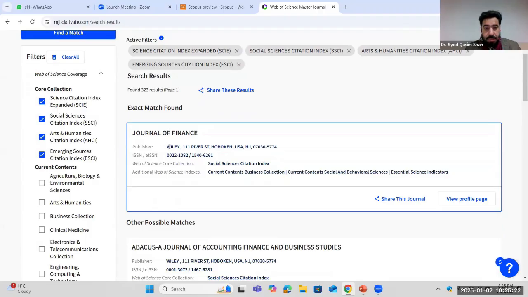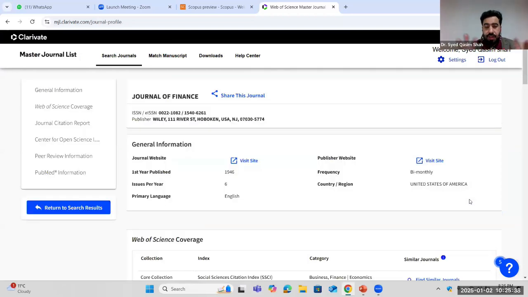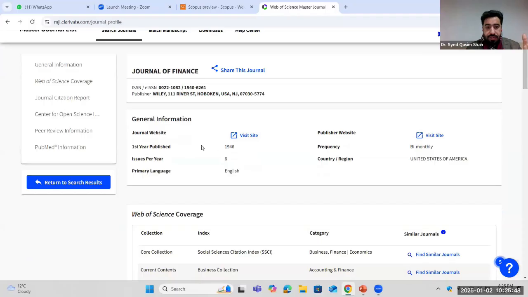Then who is the publisher? Wiley is the publisher of this. Then their ISSN number, and then additional indexes. So the whole detail of Journal of Finance is there. We'll go to the view profile page. So that shows this journal is listed. Now we can find all the detail of the journal: who is the publisher, their numbers, the journal website, the first year when it was published, 1946.